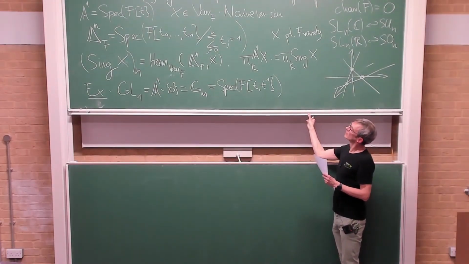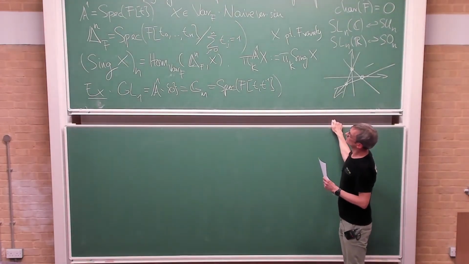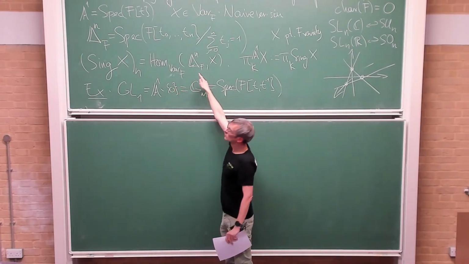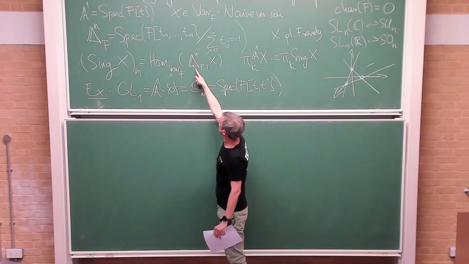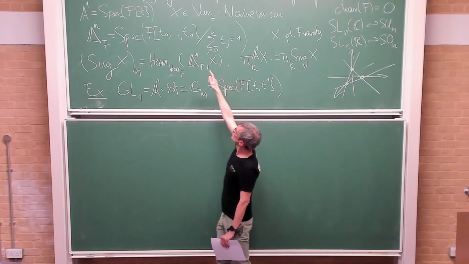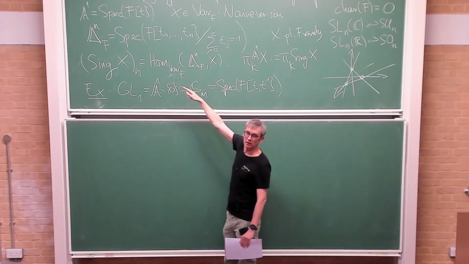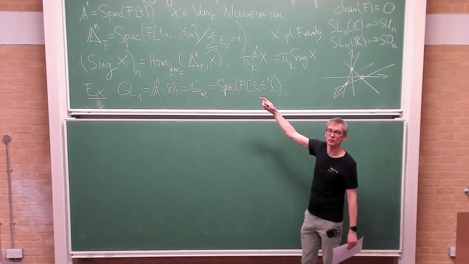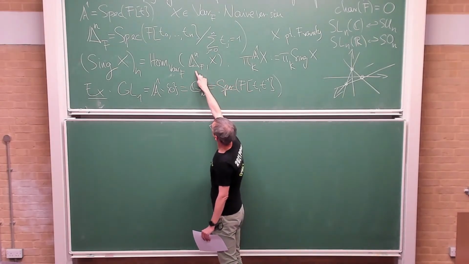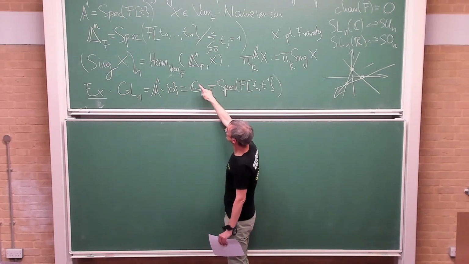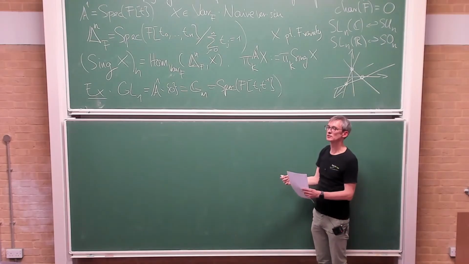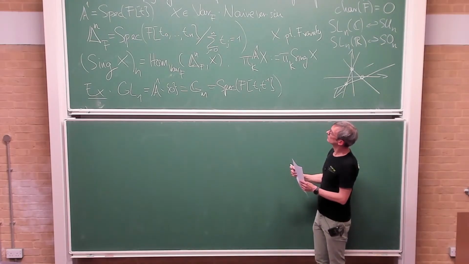Now if you want to look at this A1 homotopy type, you're looking at morphisms from the affine n-simplex to X. I haven't said so, but this delta n is really isomorphic to the spectrum of the polynomial ring in n variables. And if you look at what the morphisms to GL1 are, they correspond to the units in the global sections of the variety.